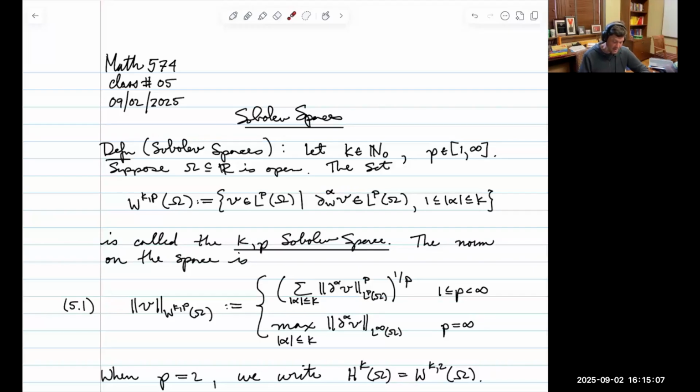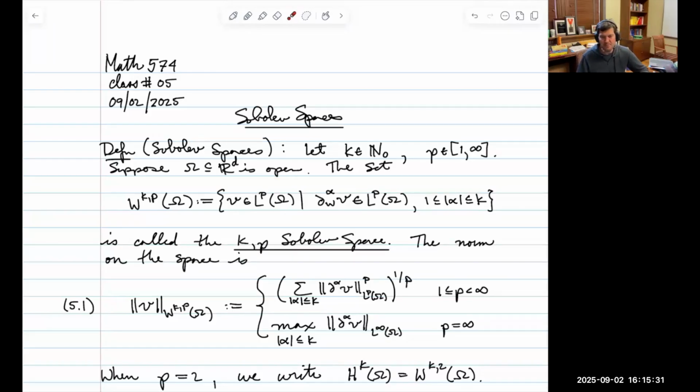So our concept of a Sobolev space, generally speaking, the thing that we'll be interested in here is a set omega, which is a subset of R^d, that is both open and bounded. Here, I'm only defining this for open sets, and I'm not requiring that omega also be bounded.